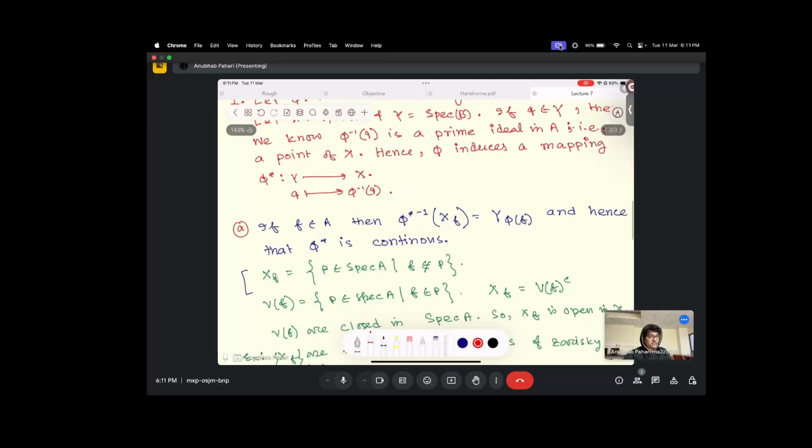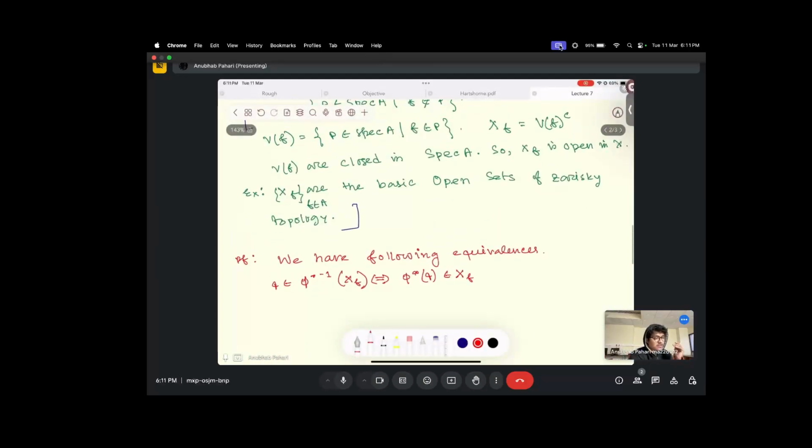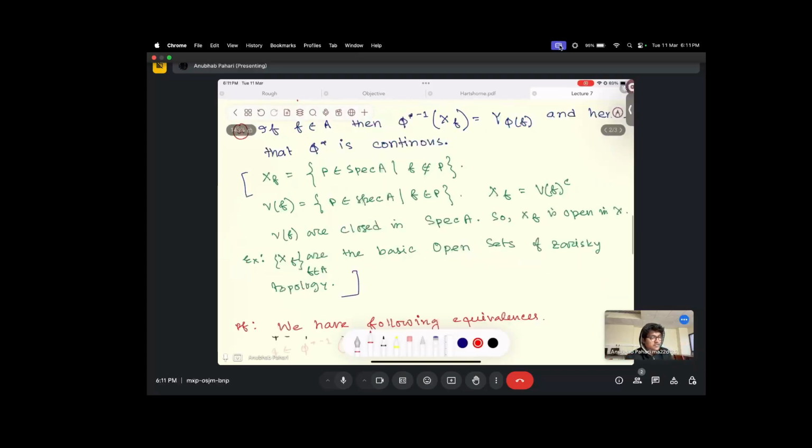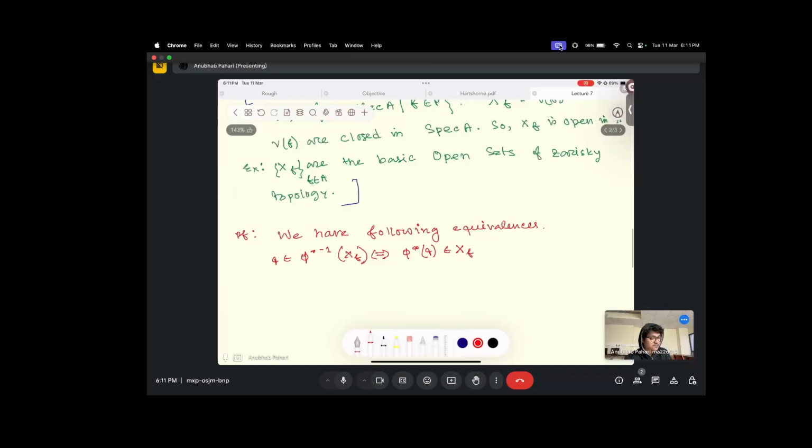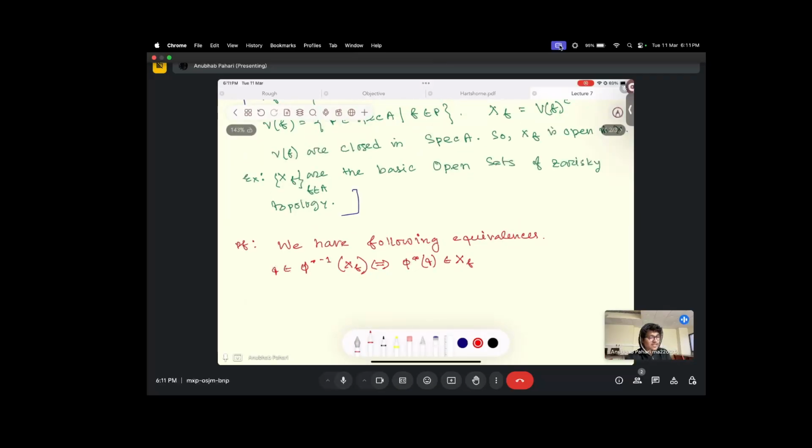That means phi star Q is your phi inverse Q, right? That means phi inverse Q should be in X_f. Now this means that f doesn't belong to phi inverse Q, right?